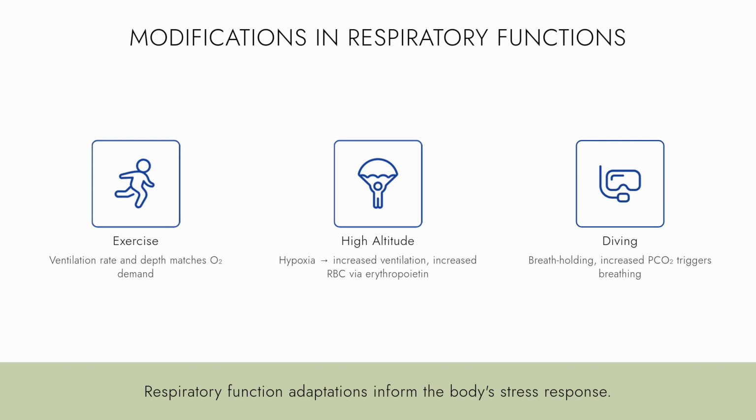In diving, breath holding raises PCO2, triggering breathing, a protective reflex. In critical care, these adaptations explain patient responses to hypoxia or exertion, guiding oxygen therapy or ventilator settings in stressed states like sepsis or trauma.